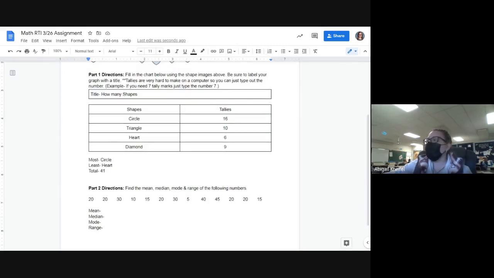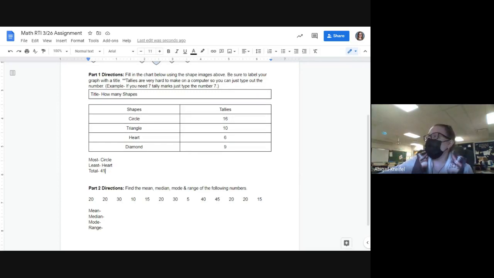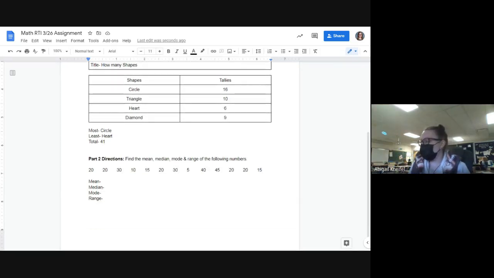So then you had part 2. Some of us did super, super good on this, and some of us did not do so good. We had the mean, median, mode, and range of the following. I'm going to try to do most of this on the computer so you guys can see it. I'm going to put it in least to greatest order first. There was a 5. There was 10, 15. There was another 15.